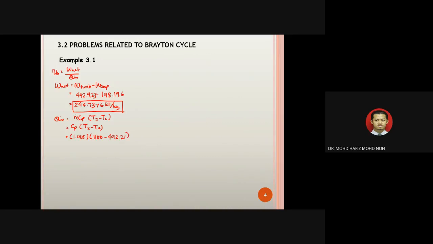So you get the value of Q in equal to 610.8284. Okay, clear. So you got the Q in, and then the thermal efficiency can be calculated.